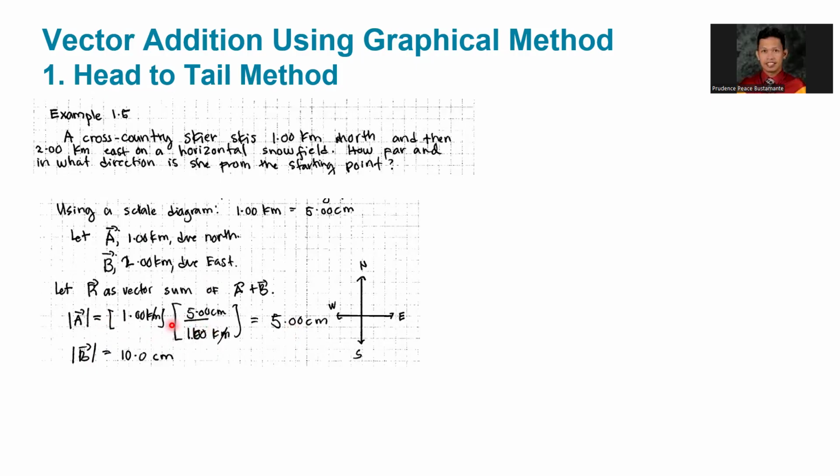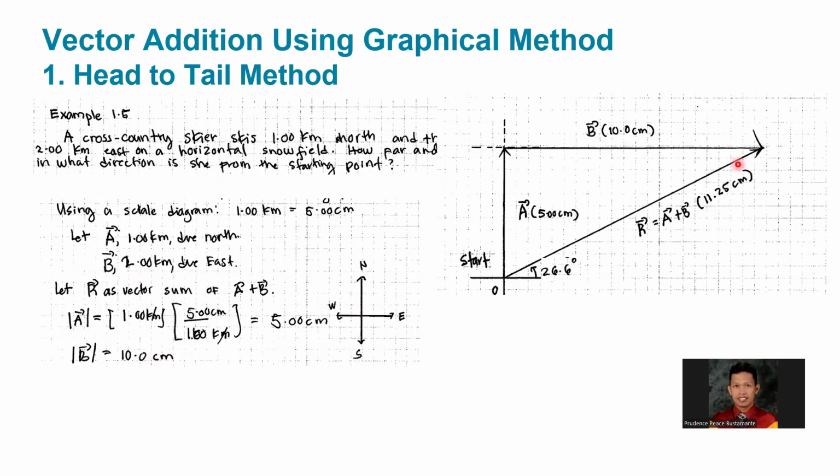If you use the same process, the 2 kilometers will become 10.0 centimeters. So our direction of north is along this side, south is along this, east and west.